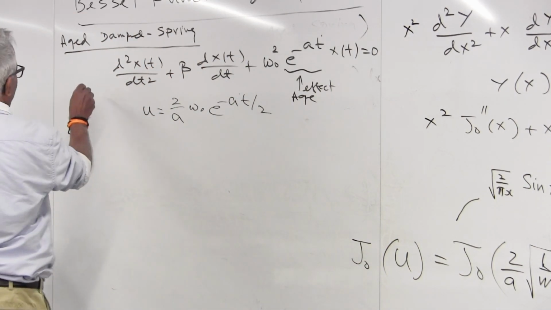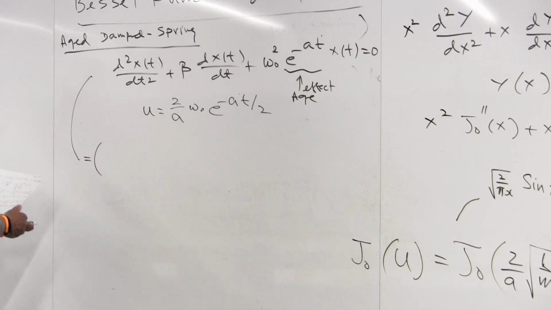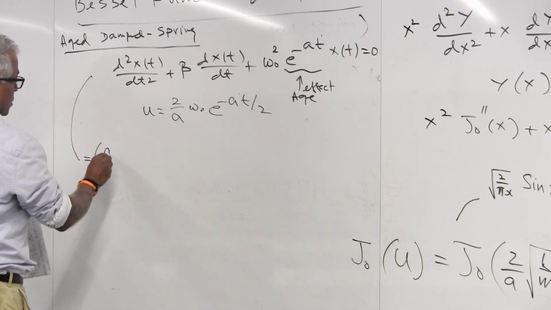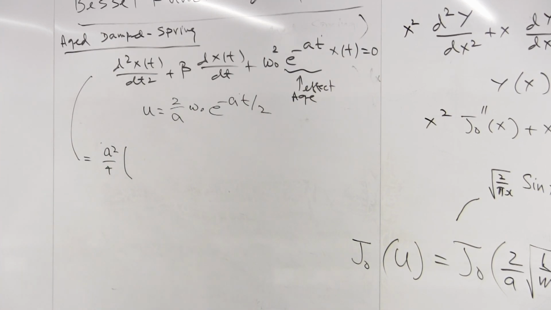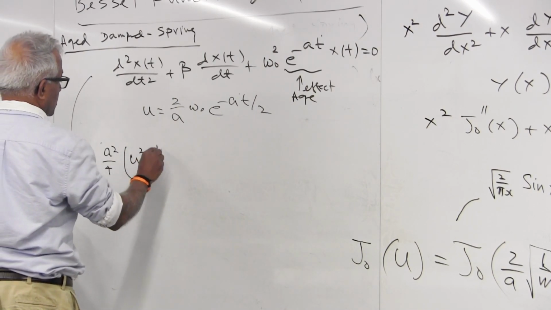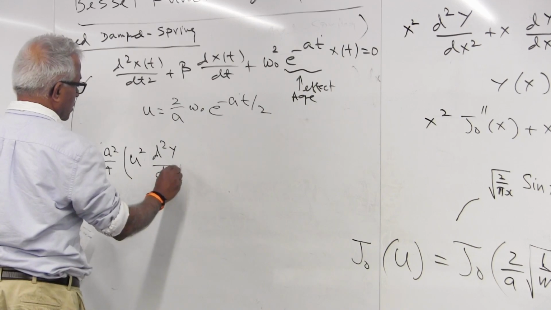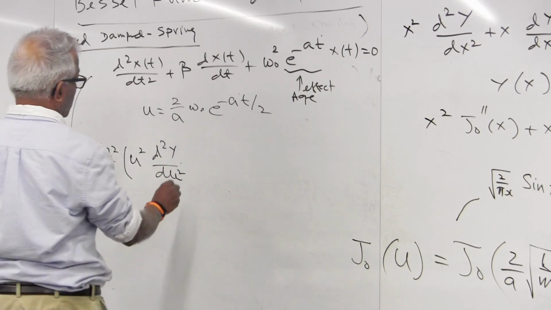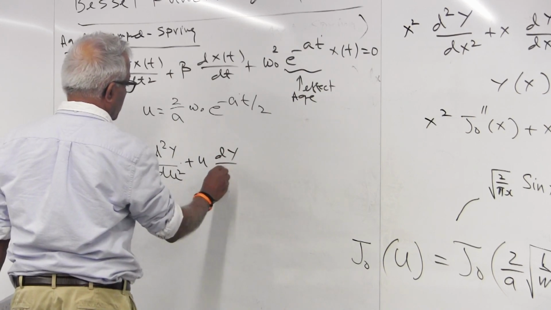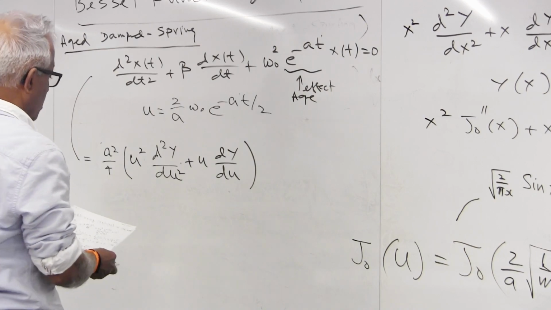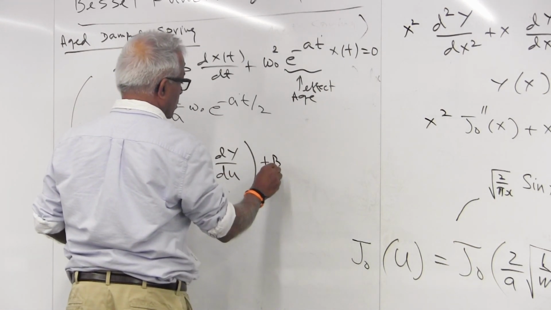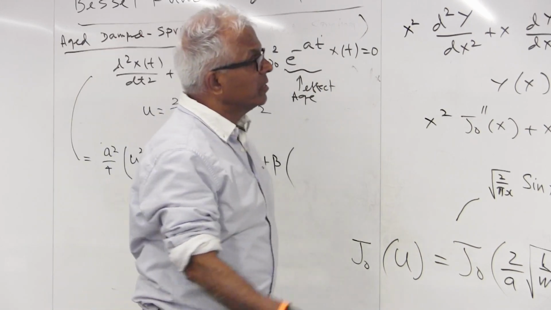So this equation now goes to a squared by 4 u squared d squared y by du squared plus u dy by du, plus beta and dx(t) by dt, that's here.